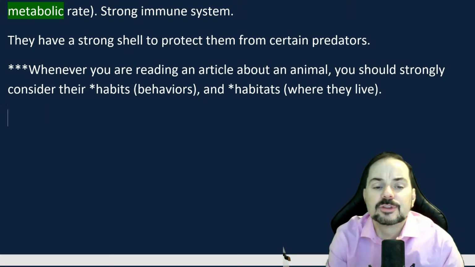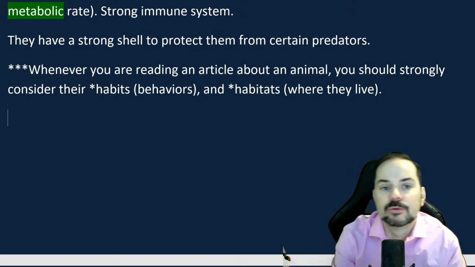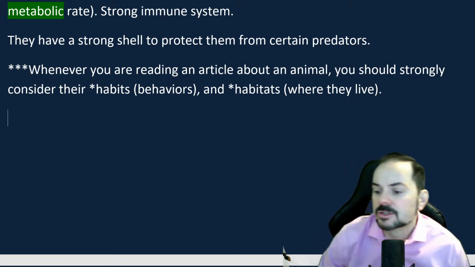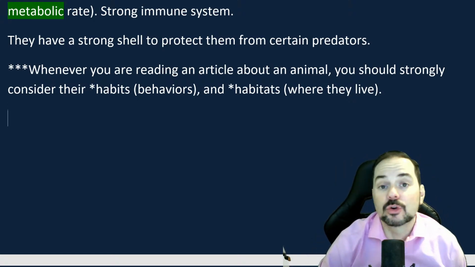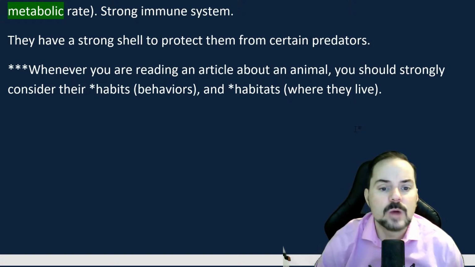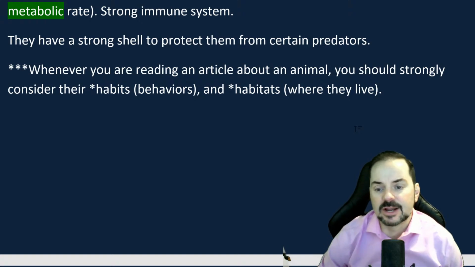So when you're thinking about the tortoise, what is a very well-known fact about the tortoise's behavior? Okay. So I'm encouraging you to use your critical thinking here. What is a well-known fact about the tortoise's behavior? And I think all of us know this.